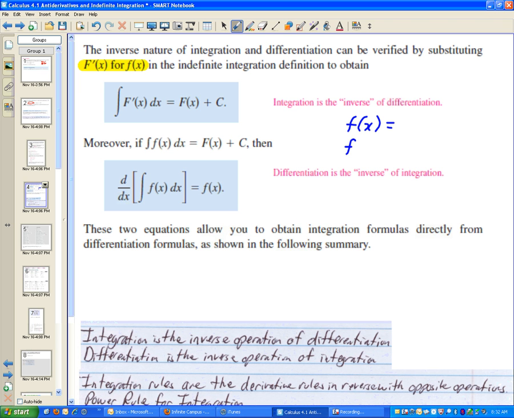We'd do that, then we'd find its derivative. Now we're just changing it to saying that. So the derivative of this does give us f of x. Now, here's what this says. The integral of capital F prime of x dx equals capital F of x plus c.